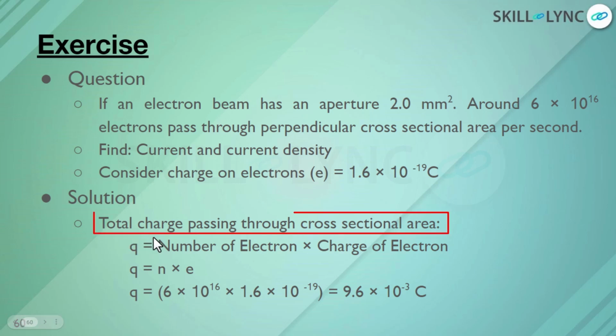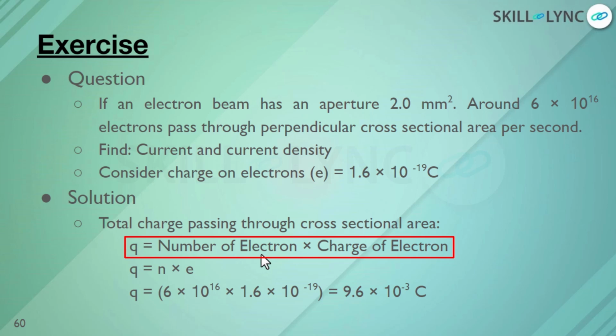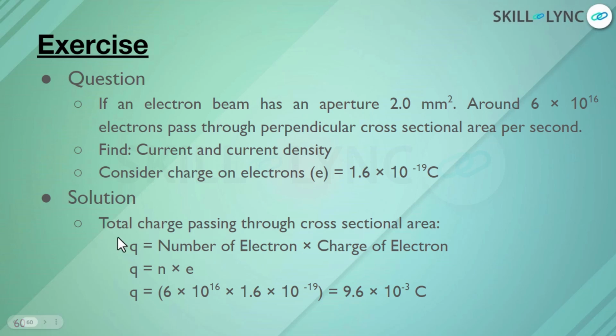Therefore, the total charge passing through the cross-sectional area Q is equal to the number of electrons times the charge of an electron. We have to find out how much charge will flow through the cross-sectional area. That is the charge on one electron multiplied by the number of electrons passing through that area.